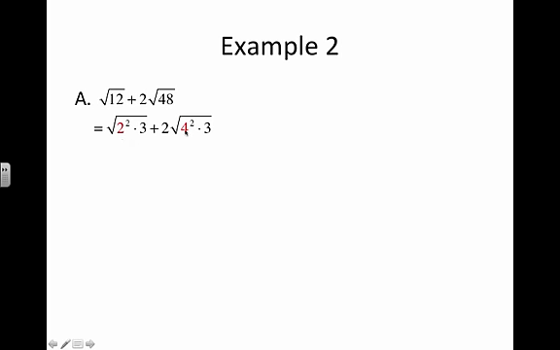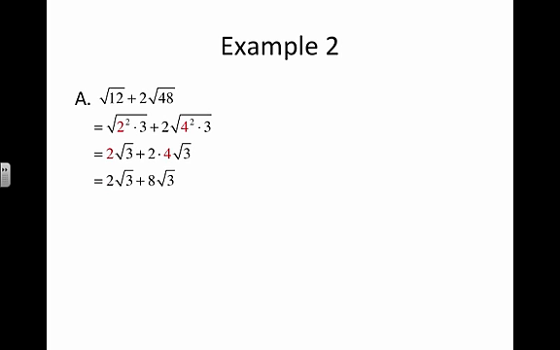In my second term, the 4 can come out, so I'll have 2 times 4 times the square root of 3. 2 times 4 is 8, so I've got 2 square root of 3 plus 8 square root of 3. They're both square roots and they both have radicands of 3, so I can add them together, and I just add the coefficients. 2 plus 8 is 10 square root of 3.